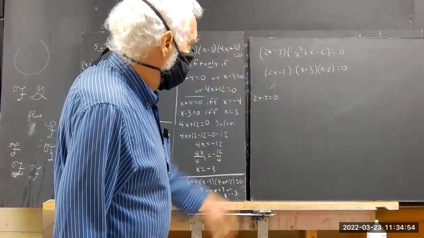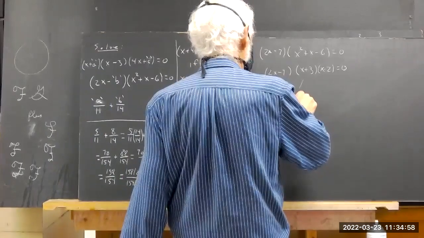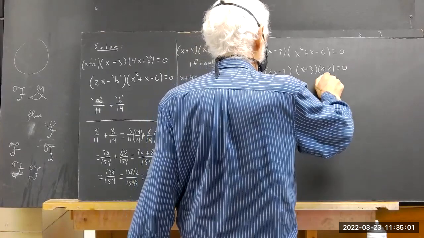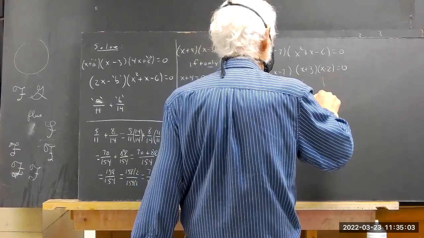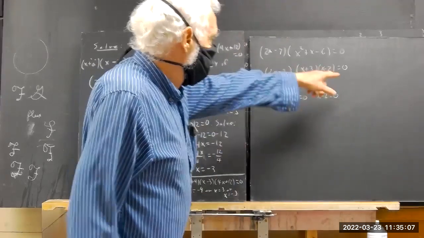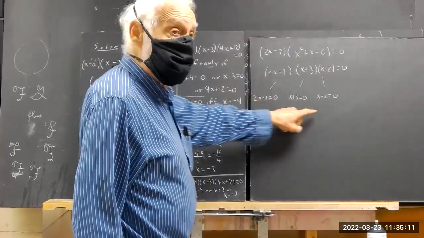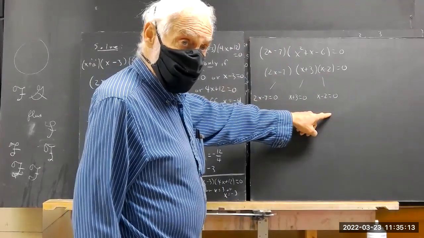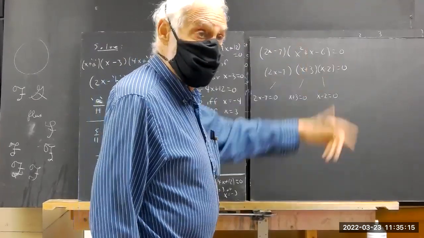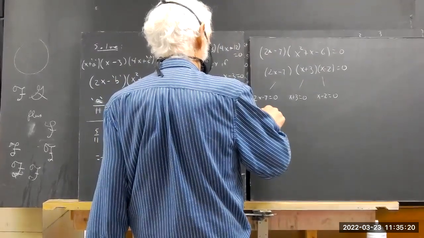You get 2x minus 7 equals 0. So this equation breaks into 3 equations, each of which is easy to solve. So, well, I'll write out the steps.